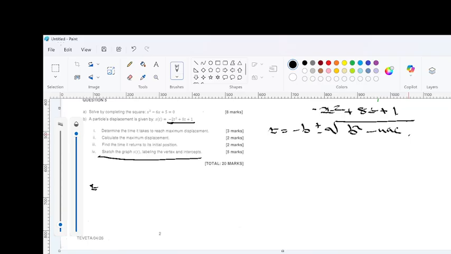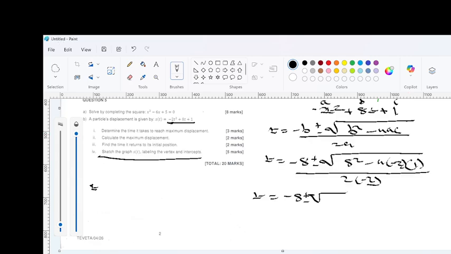So t equals -8 plus or minus the root. Now 8 squared is 64. So we have 64.